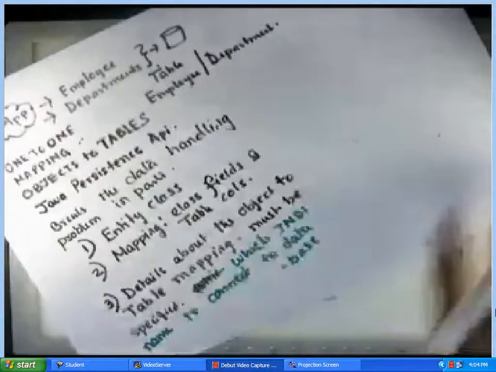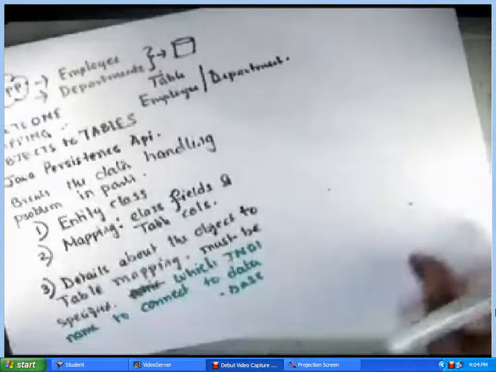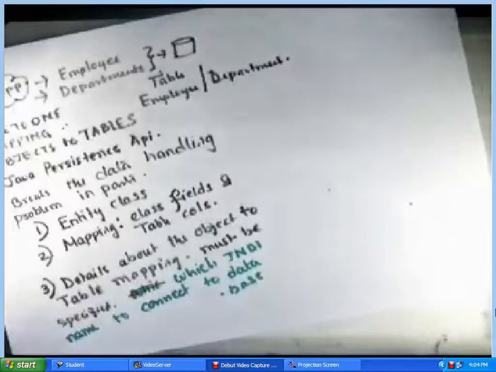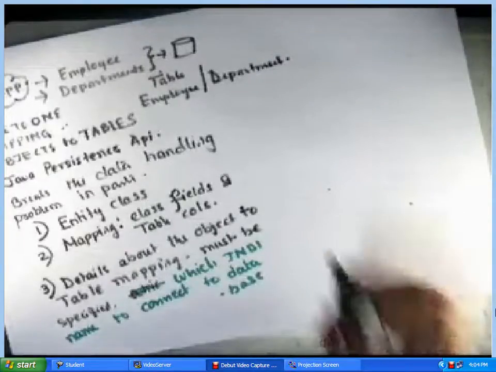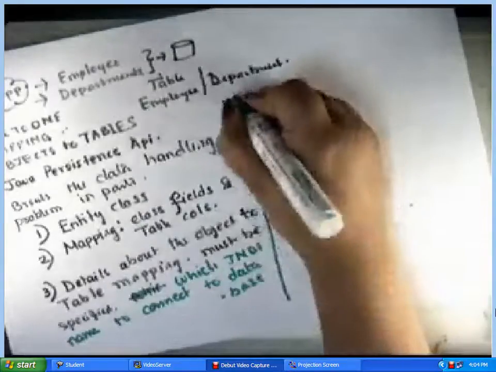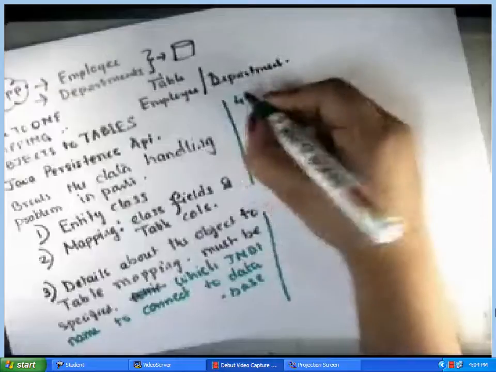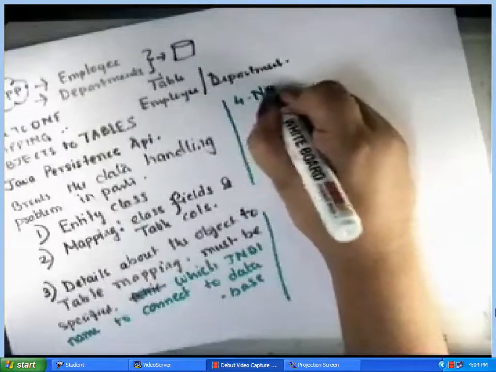And at the same time it says that it will provide number 4, it will provide us with the naming service of JNDI.